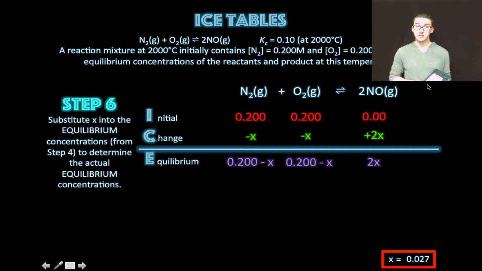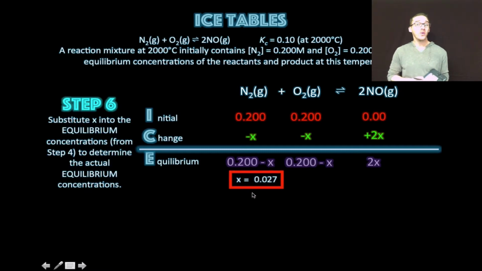Boom. Step 6. Substitute x into the equilibrium concentrations that we determined in step 4 to determine the actual equilibrium concentrations. Since we know now what x is, we can plug it into these equilibrium concentrations and determine what they actually are. So for nitrogen, it's going to be the initial concentration minus X, which we now know is 0.027.